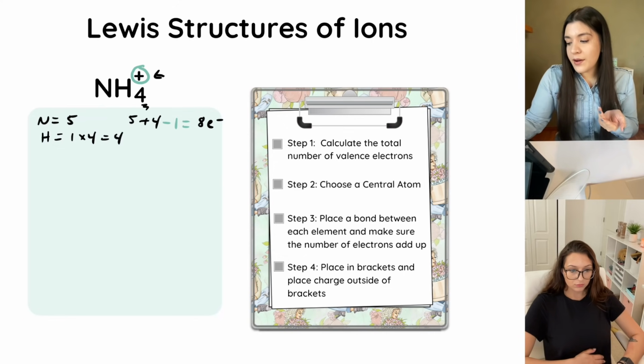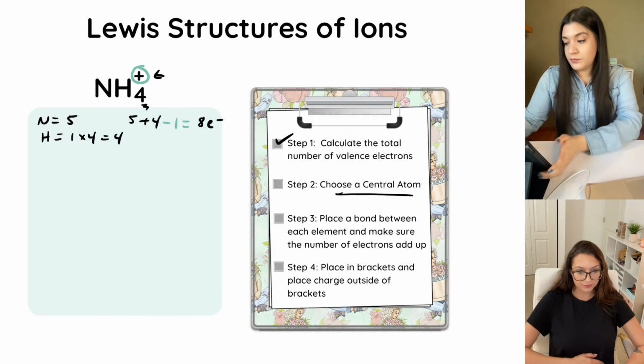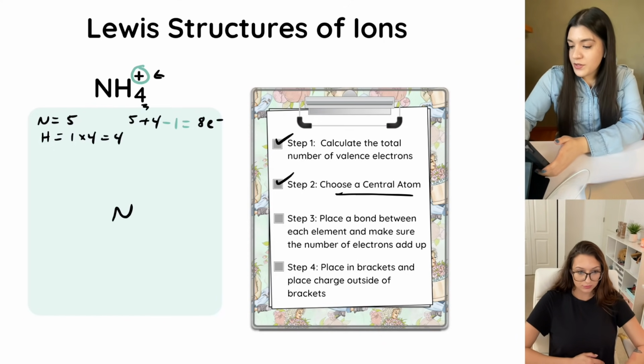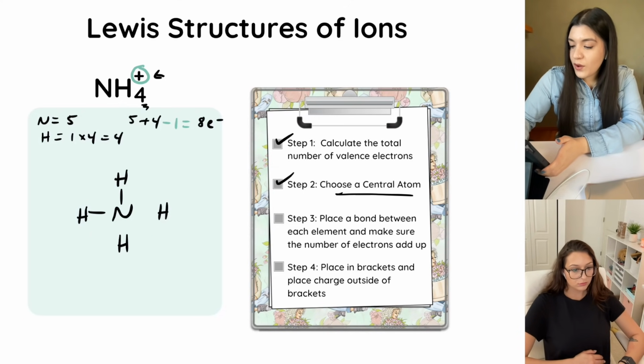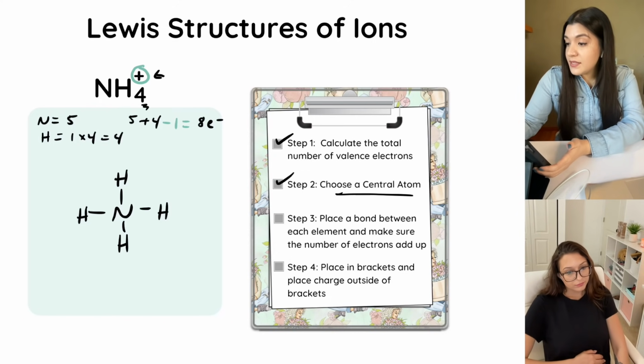What's the central atom? Nitrogen. Good. I'm going to surround that by 4 hydrogens, placing a single bond all throughout. And then I'm going to double check if this gives us what we wanted. So this is 8. 2, 4, 6, 8.